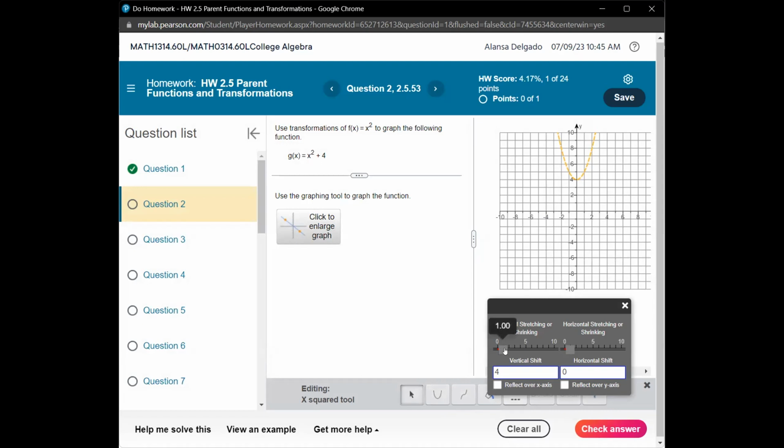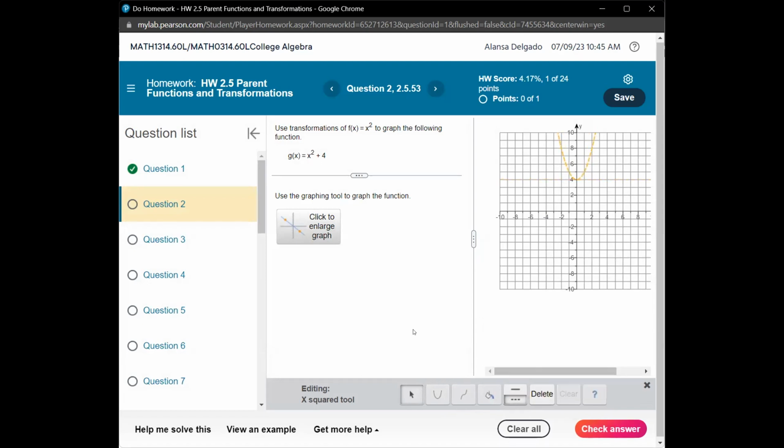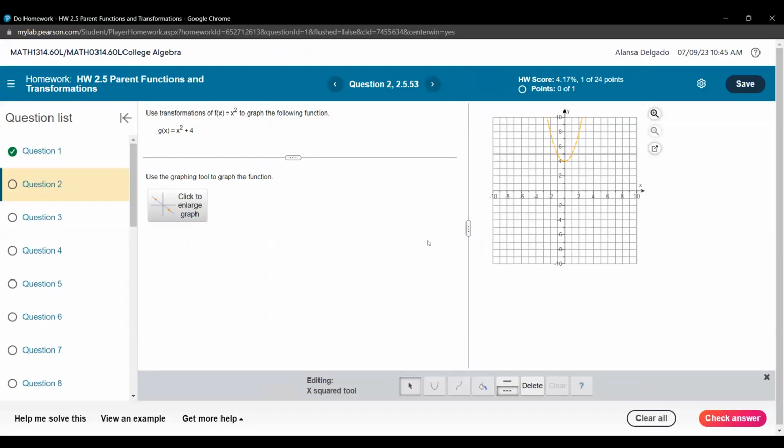What is this? Maybe I'm not looking at something full screen. Let me see. Oh no, those are all the options.